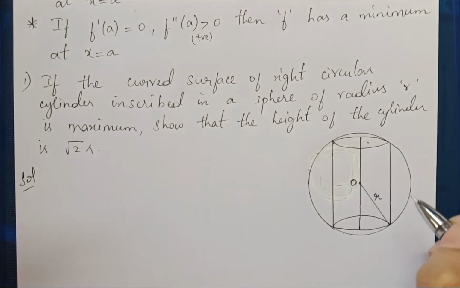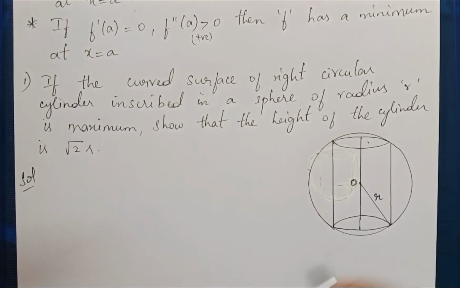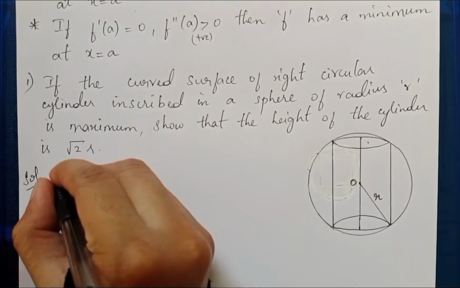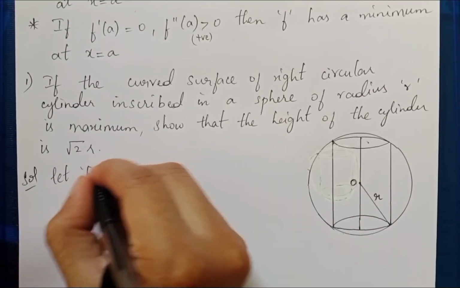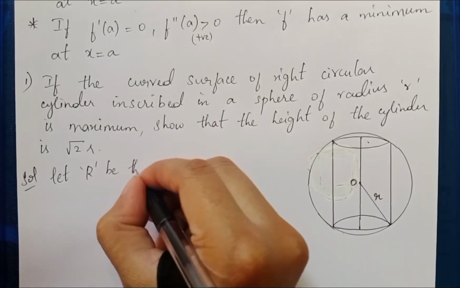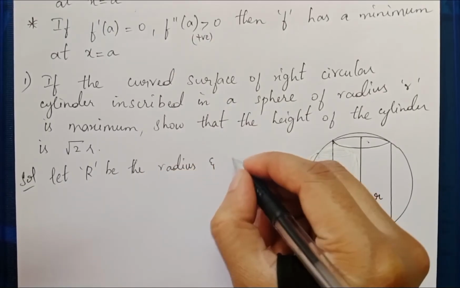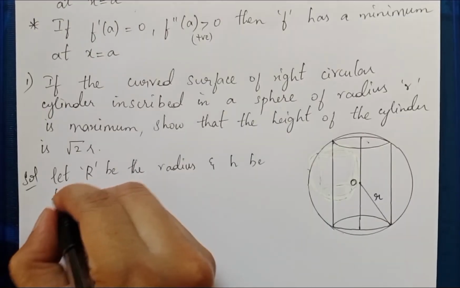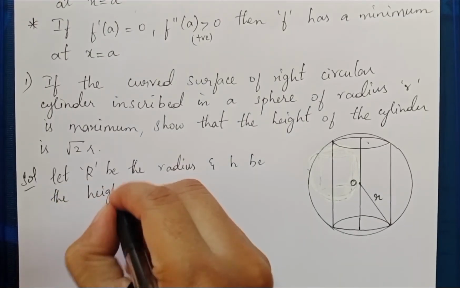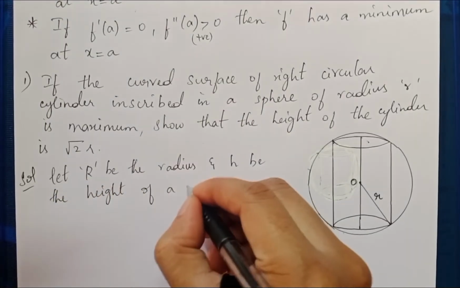We'll take it as O, and let capital R be the radius and h be the height of the cylinder.